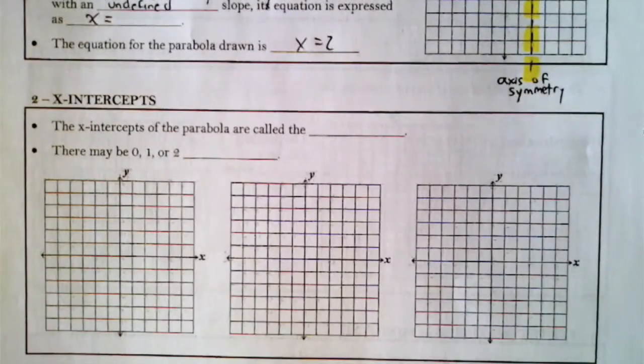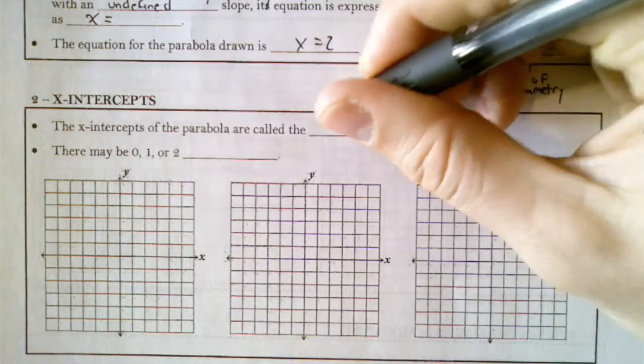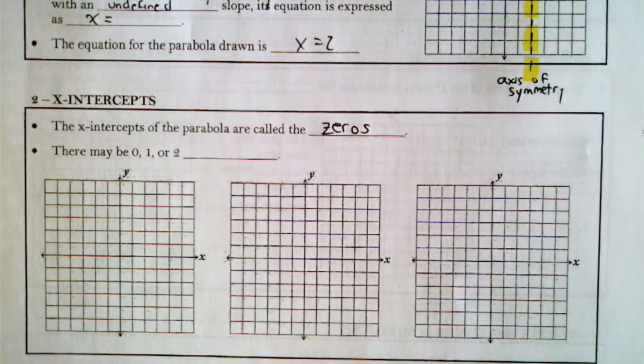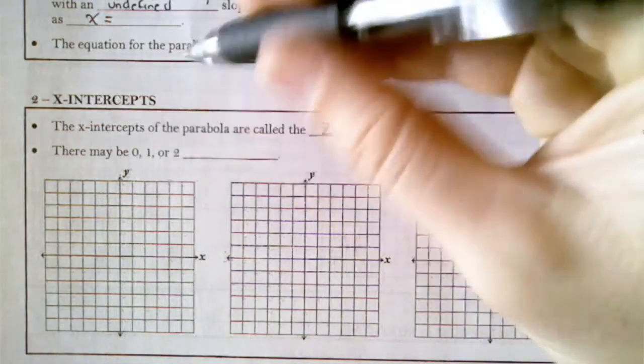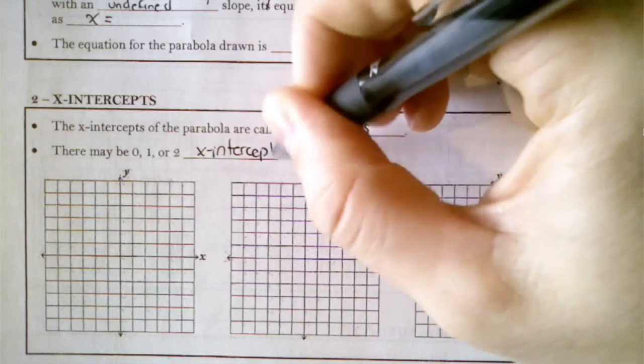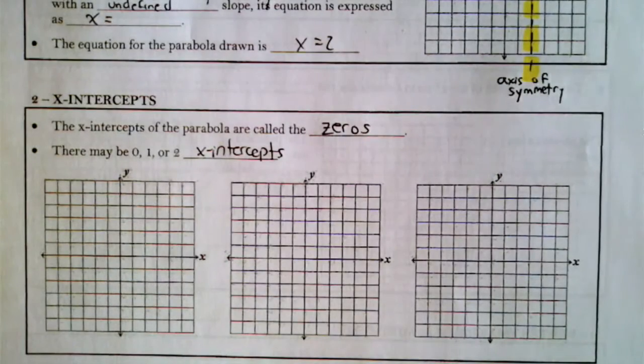The second feature is called x-intercepts. The x-intercepts of the parabola are also sometimes called the zeros. And there may be 0, 1, or 2 x-intercepts. And I'm going to show you what I mean by that. X-intercepts are just where the graph crosses the x-axis.